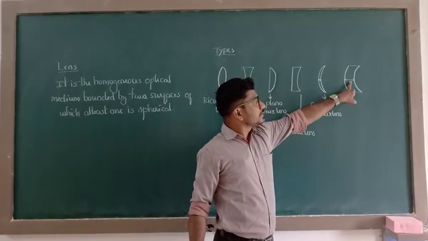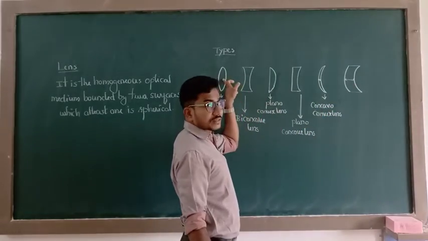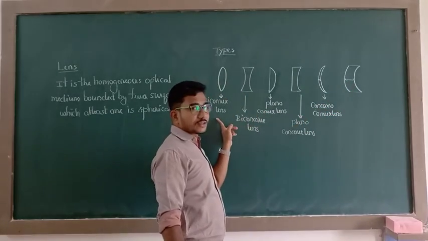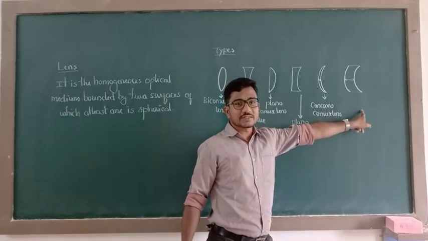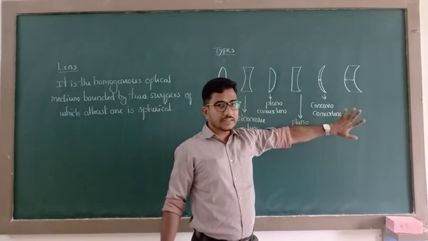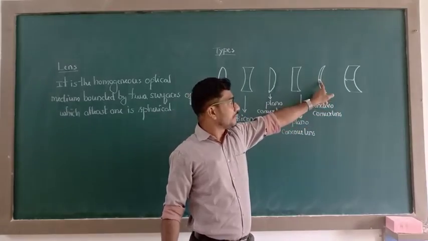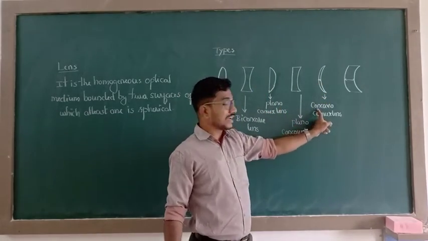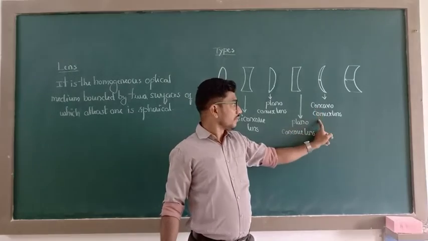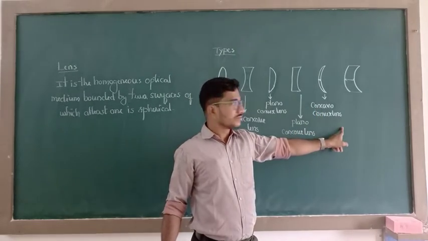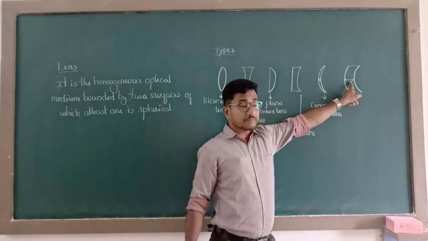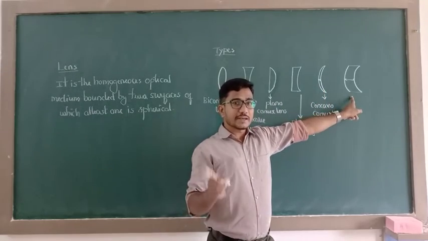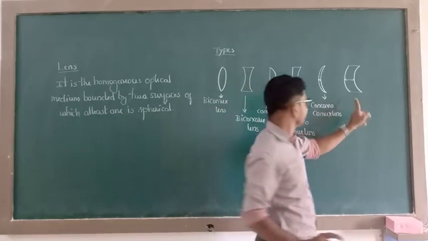Here thickness is maximum, that is in case of convex. Therefore name of this combination is convexo concave lens. So it is quite easy to write the name of this combination. Minimum thickness, that is in case of concave, and hence we are going to use the term concavo at first, concavo convex lens. Here thickness is maximum, that is in case of convex, and hence name of this combination is convexo concave lens.